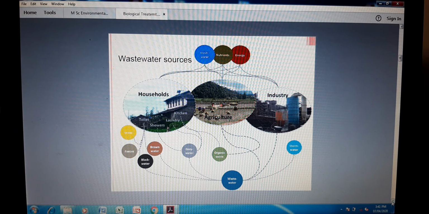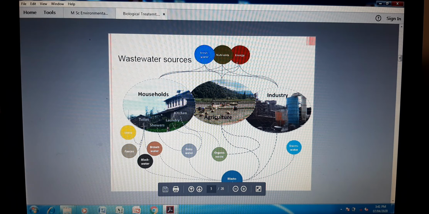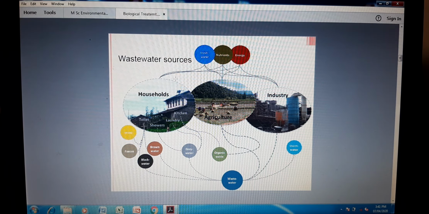So these are again the sources of water: fresh water, nutrients, and energy. Wastewater coming from the household, we call domestic wastewater. Water coming from agriculture, we call agriculture runoff.